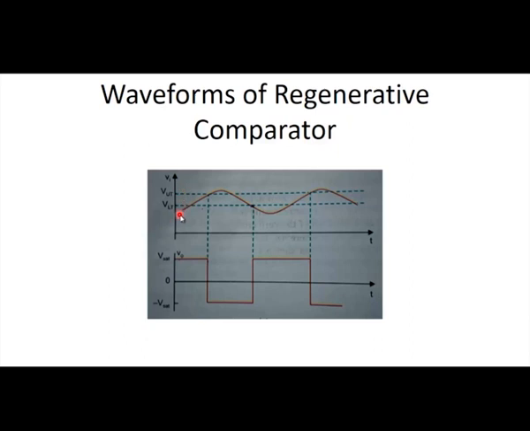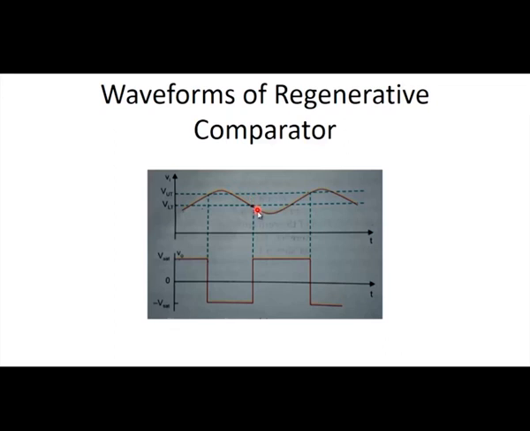So, if you compare the input signal with VUT for the first time, for the second time you have to compare the input signal with VLT, and for the third time alternatively with VUT. Now the signal is compared with VLT, the lower threshold voltage, and the signal is higher than the lower threshold voltage, which is given to the negative terminal.